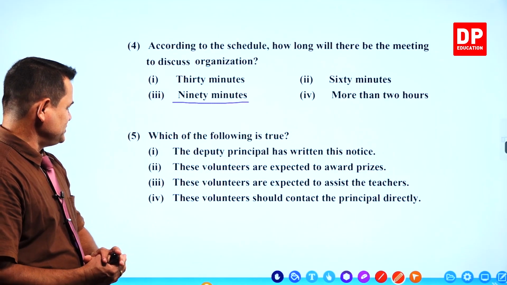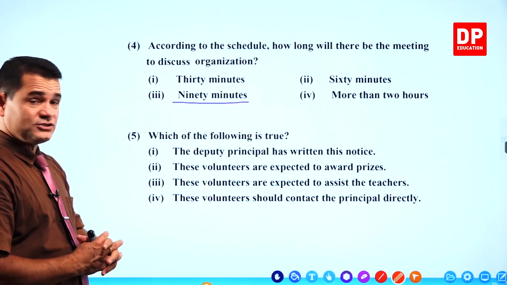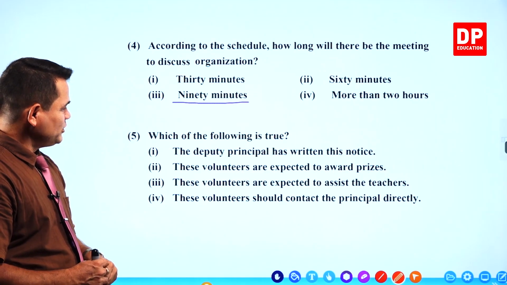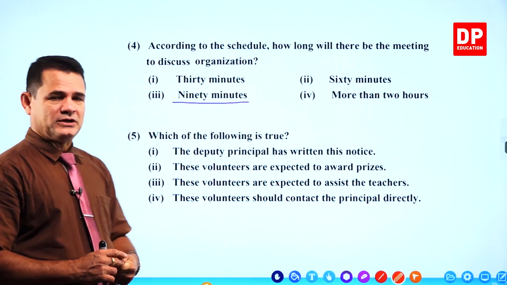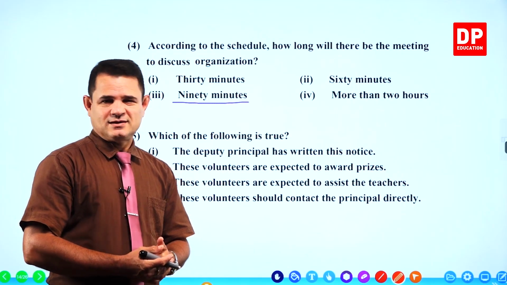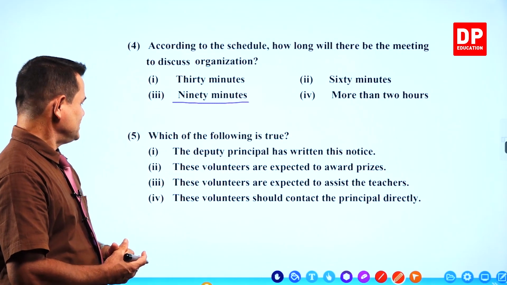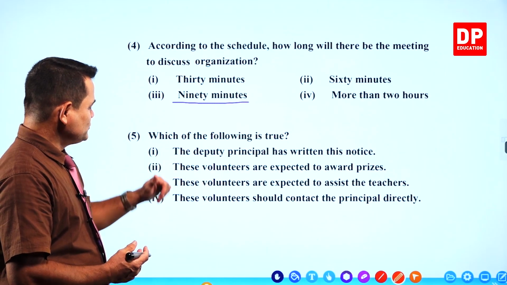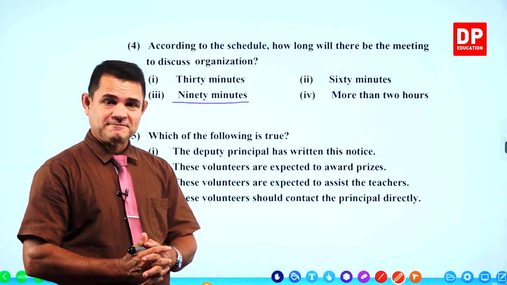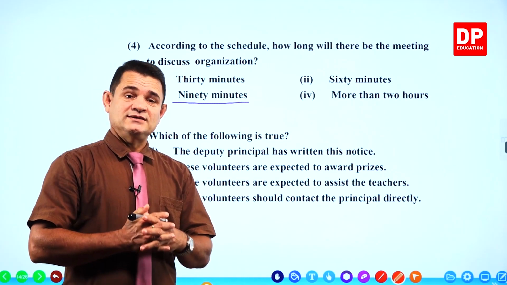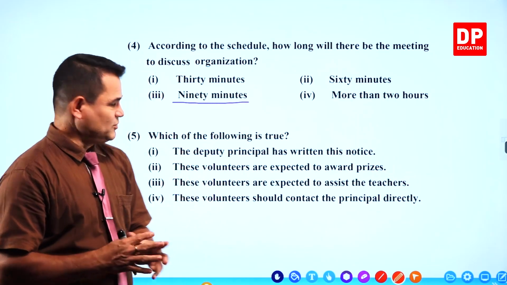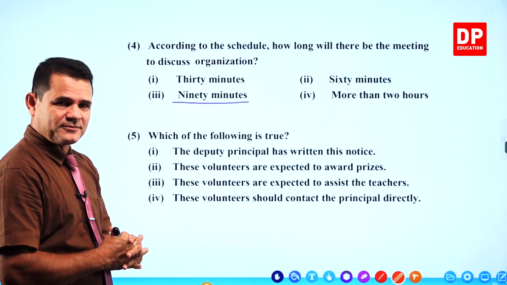Look at the next question. Which of the following is true? Deputy principal has written this notice. No, you notice that. These volunteers are expected to award prizes. No, it didn't say anything like that, right?